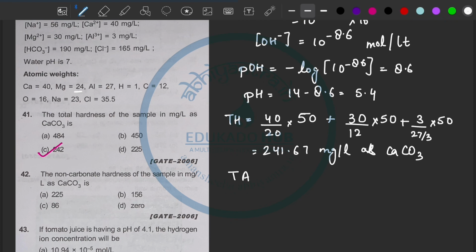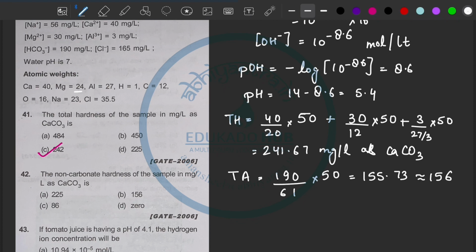Total alkalinity is nothing but bicarbonate 190 divided by its molecular weight, 61, into 50. So it comes as 155.73. We can approximately say it as 156 milligram per liter as CaCO3.